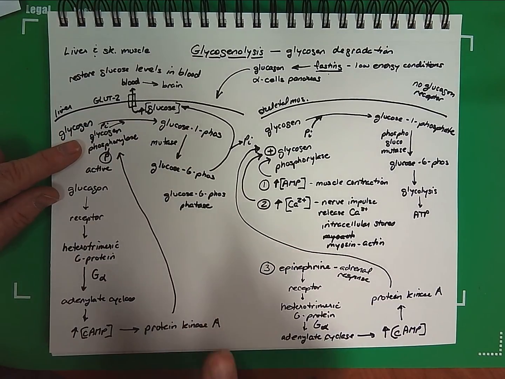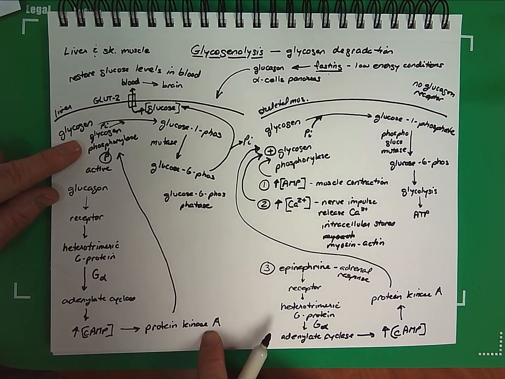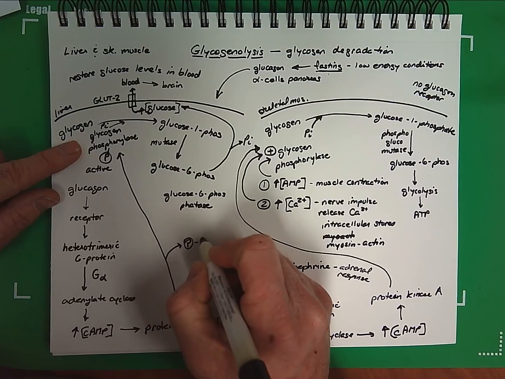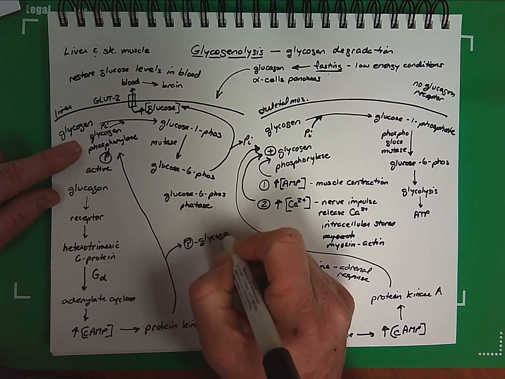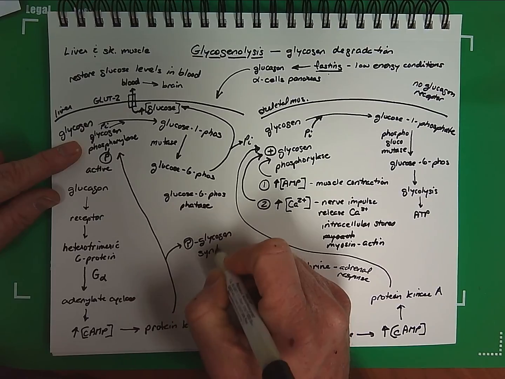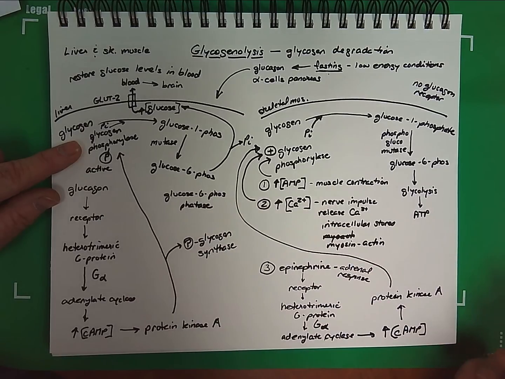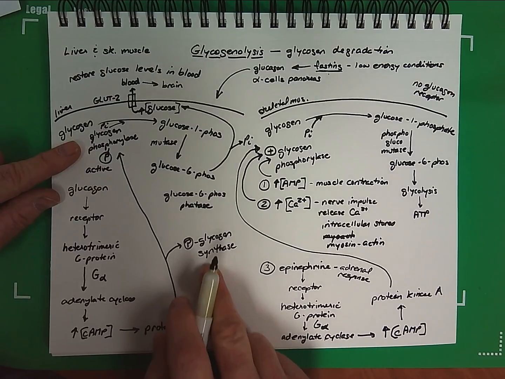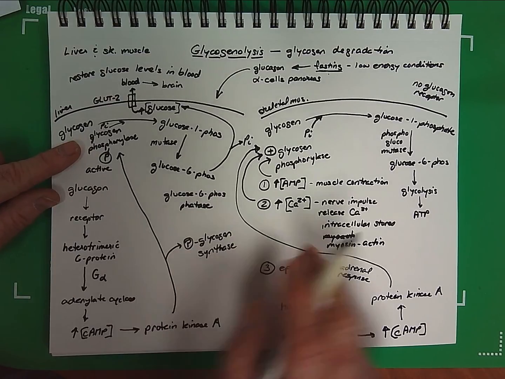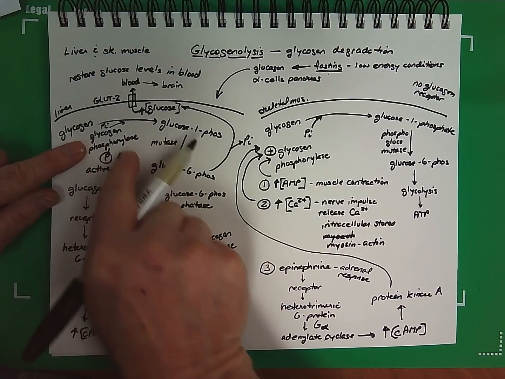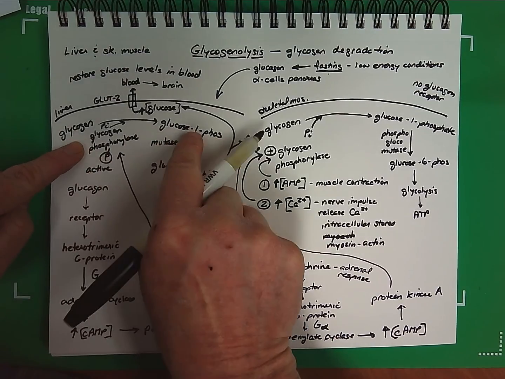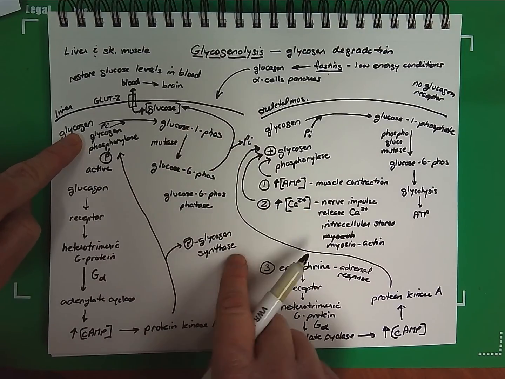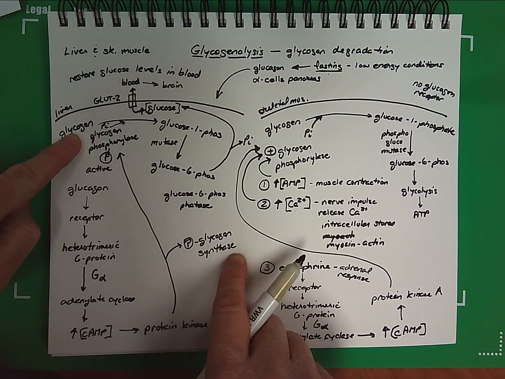Now, another side reaction to make a note of is that the protein kinase A is also going to phosphorylate glycogen synthase in both liver and skeletal muscle. Now, why is this important? Because if glycogen phosphorylase is active and you're generating glucose 1-phosphate from glycogen, what if glycogen synthase was still active?